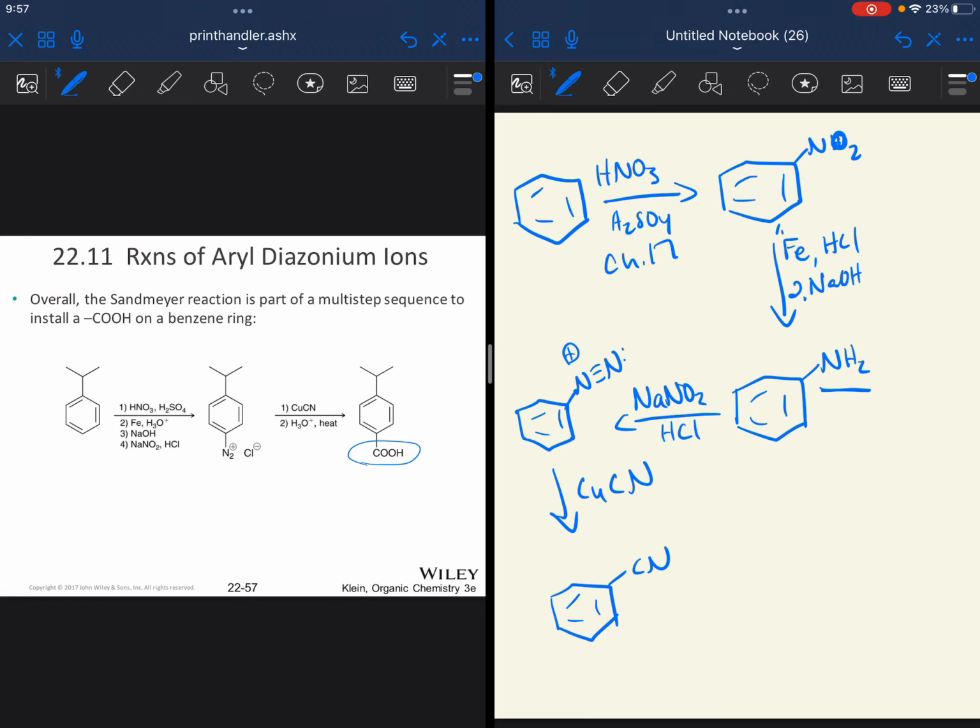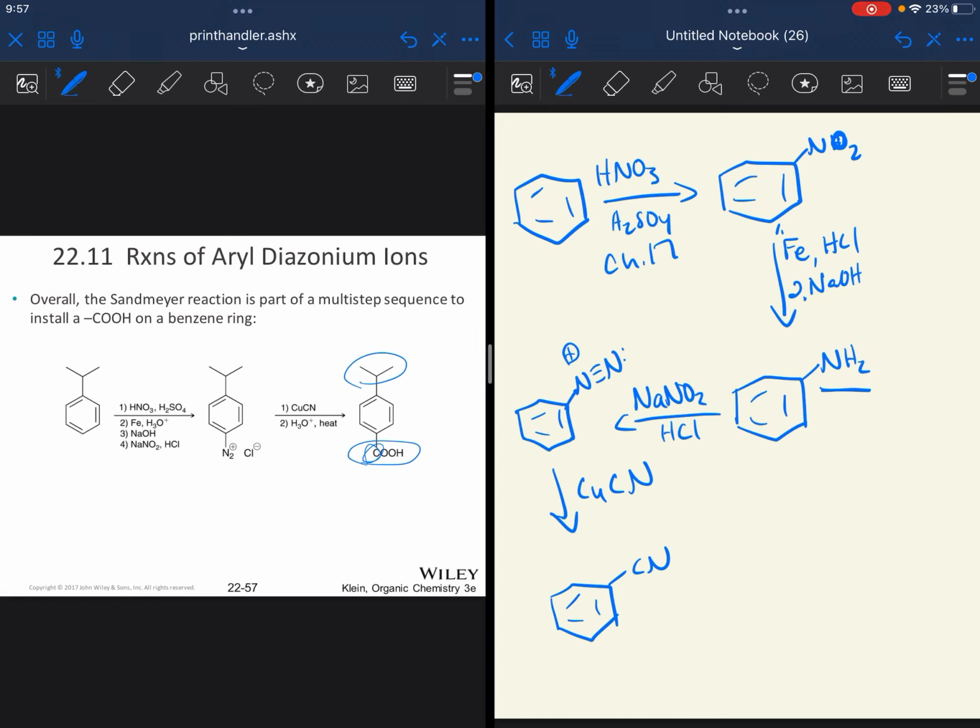You can put on a methyl and then you can do an oxidation, right? Sodium dichromate, as long as that carbon right there had a hydrogen on it. The problem is it would also transform that isopropyl group. And if you put the carboxylic acid on first and then tried to add the isopropyl, you would get a meta direction. So we have to be creative here.